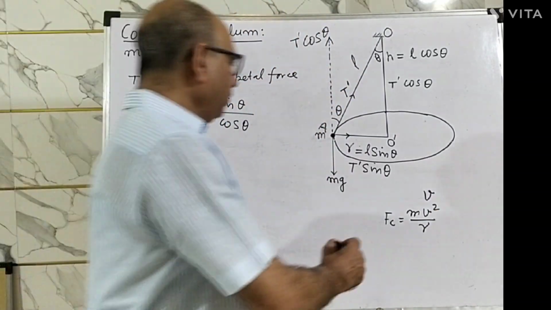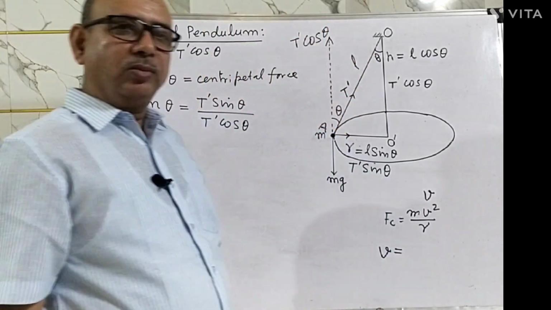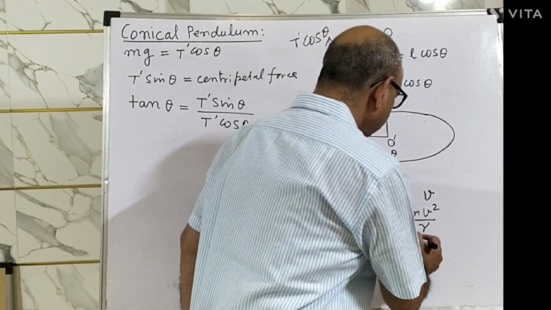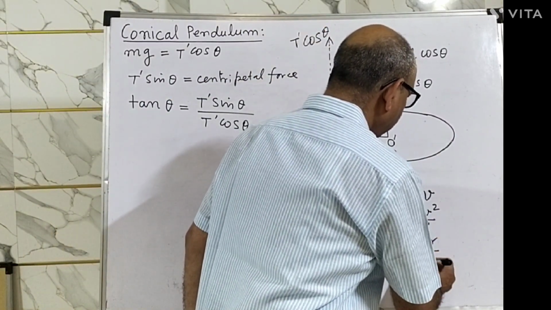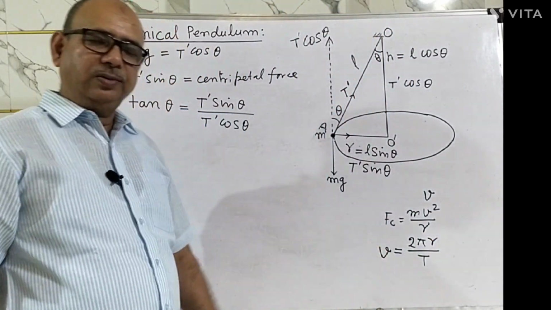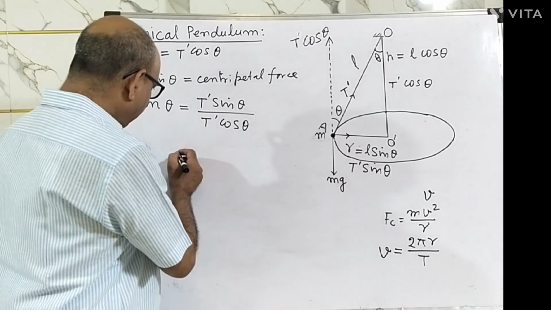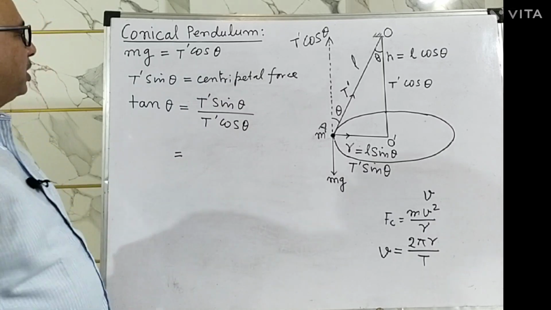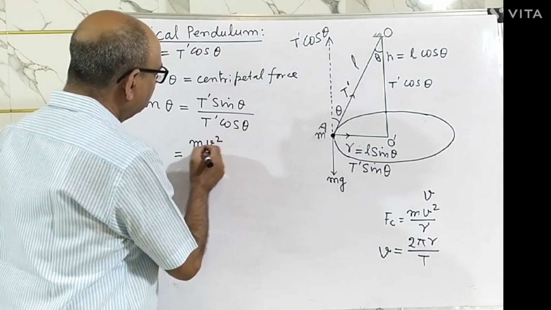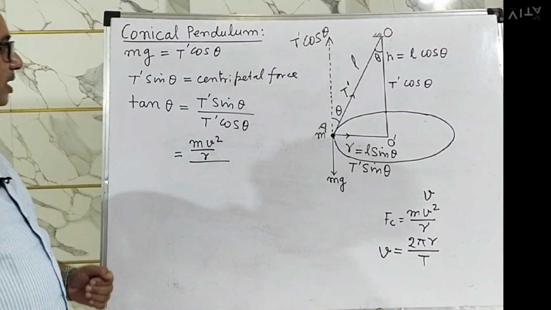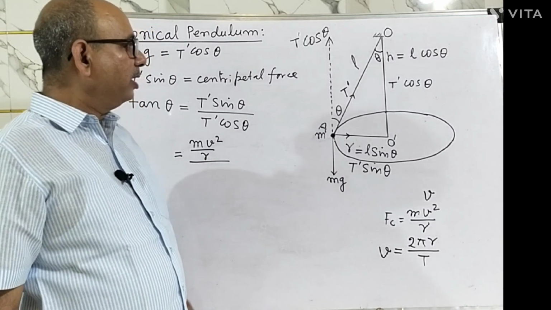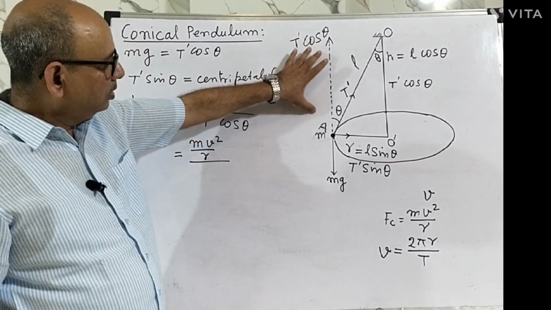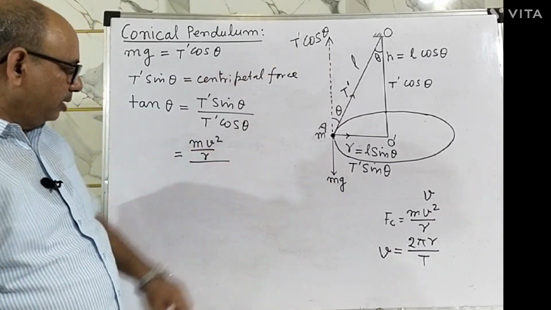And its velocity v will be equal to the distance covered in one revolution, that is 2 pi r, divided by its time period T. So I can write T dash sin theta is equal to the centripetal force, and centripetal force is mv square divided by r, and T dash cos theta, which is in the upward direction, is balanced by the mg.